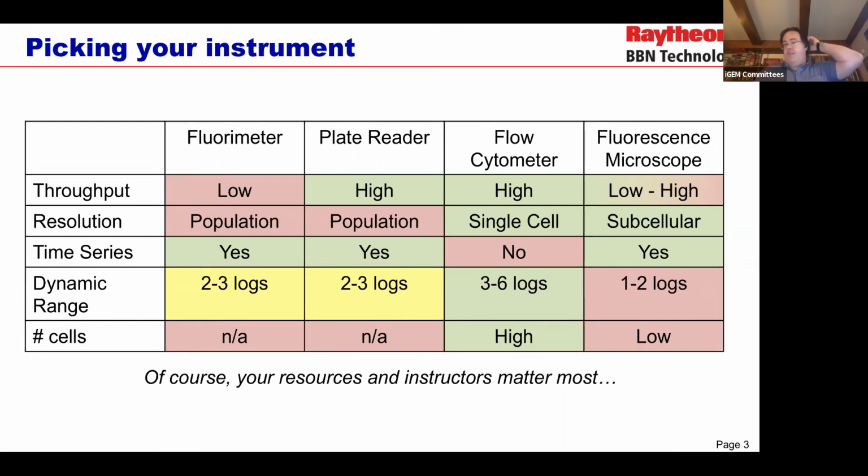Most people, however, will probably at least have access to a plate reader, which essentially gives you high throughput fluorimetry because you get to measure a whole plate worth of wells, typically 96 at a time, rather than just one cuvette at a time. Plate reader is great. You get high throughput.